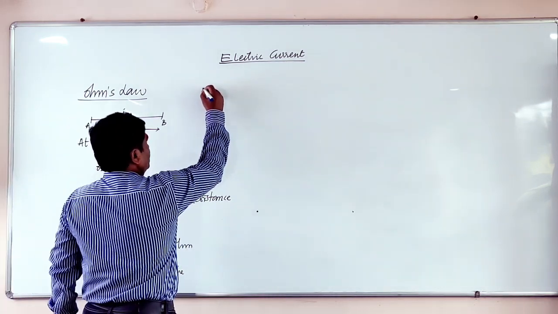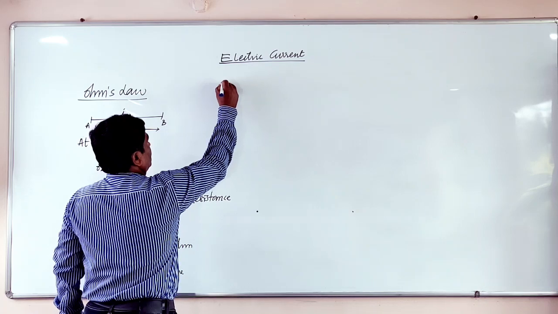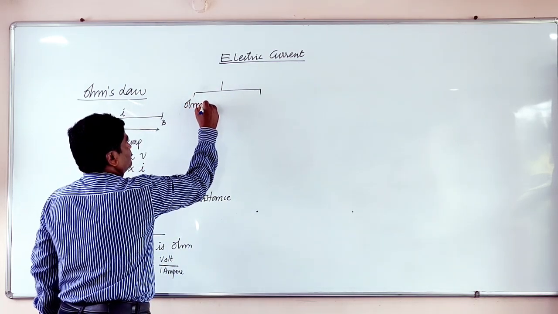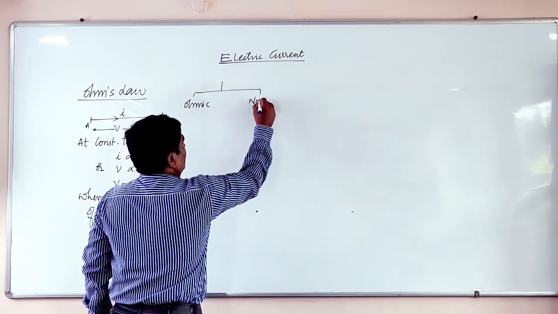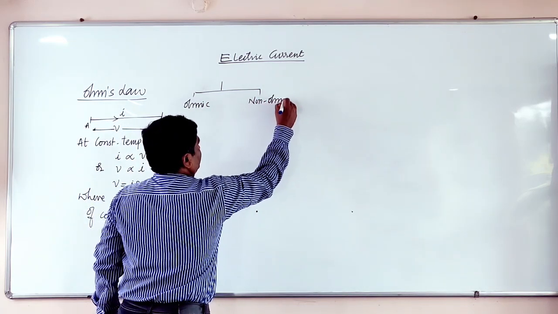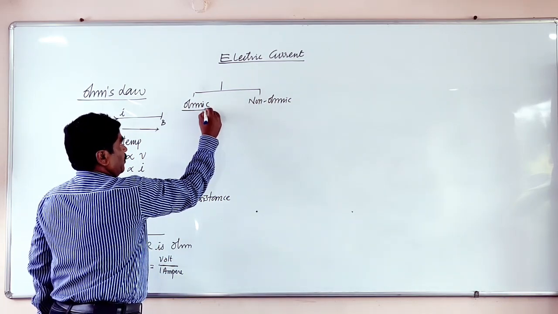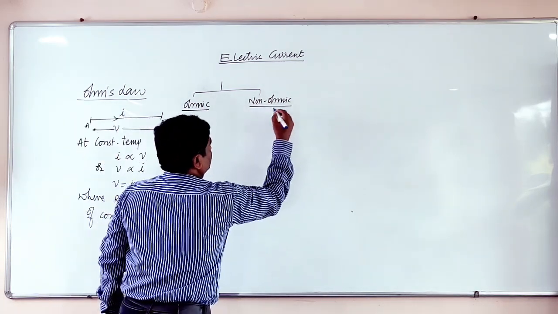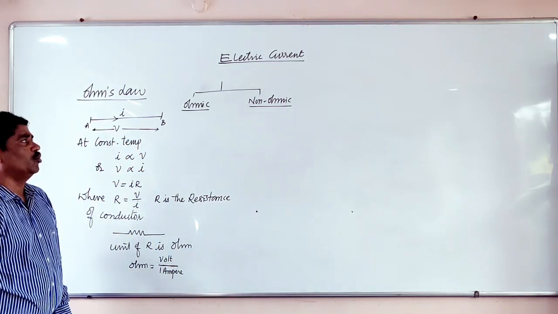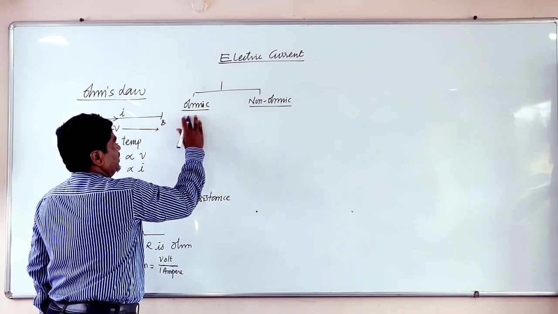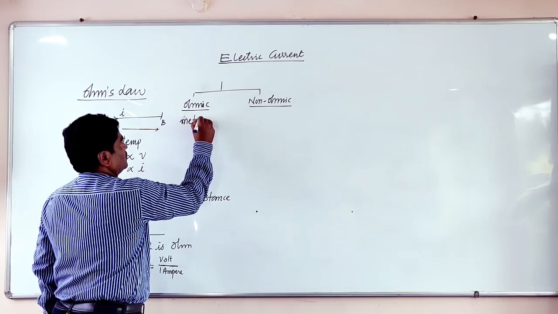So Ohm's law leads to conductors being defined as ohmic conductors and non-ohmic conductors, depending on whether they obey Ohm's law or not.